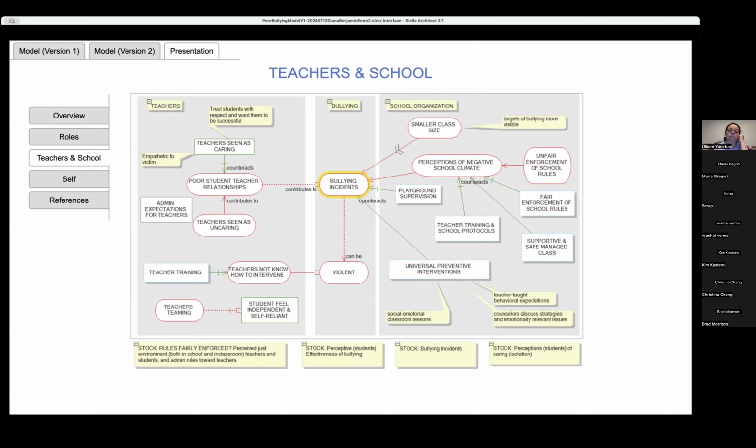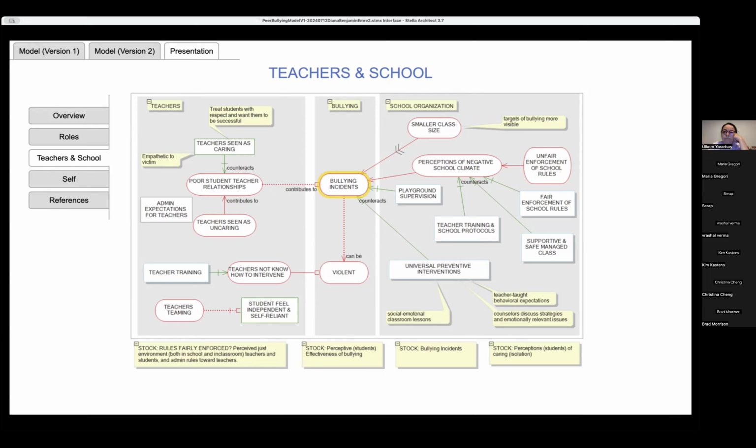And so we thought this particular focus might be more practical for our audience if we developed a model that essentially encompassed the bullying situation and teachers and administrators and how they might affect more positive behavior. We thought this might be the focus of our model.